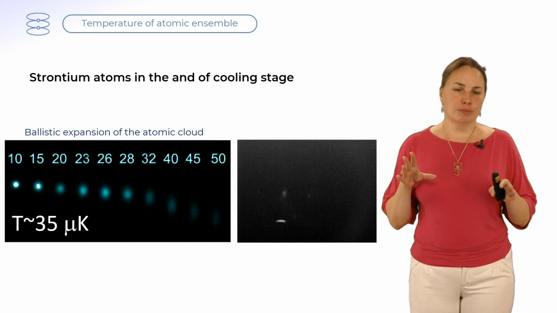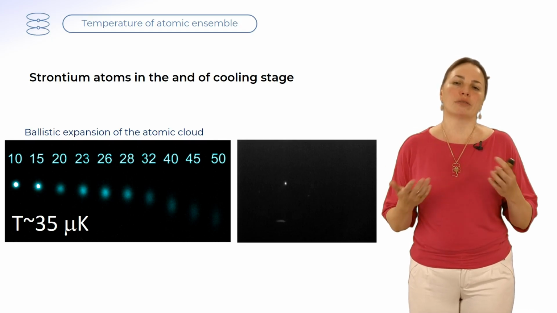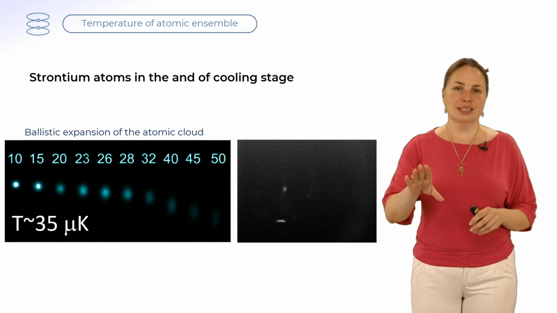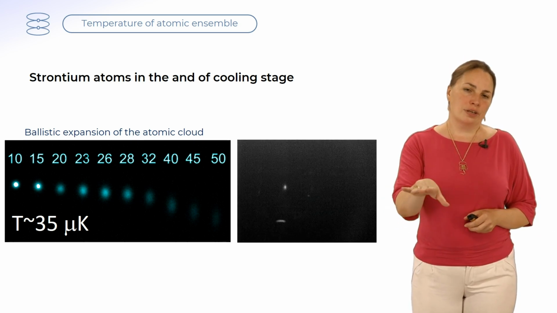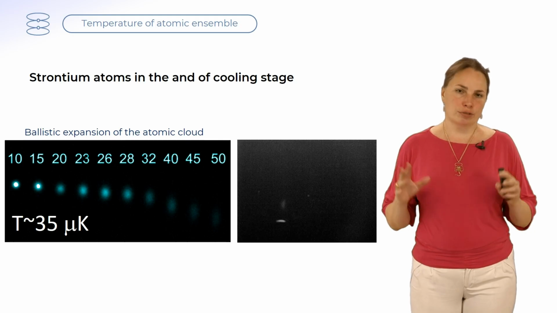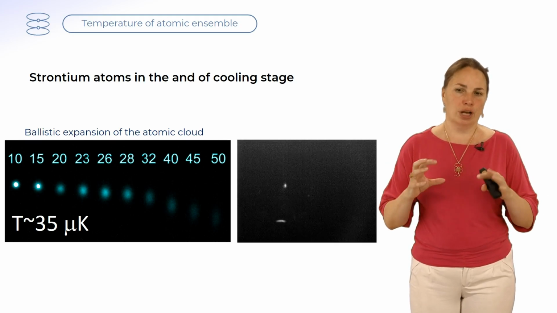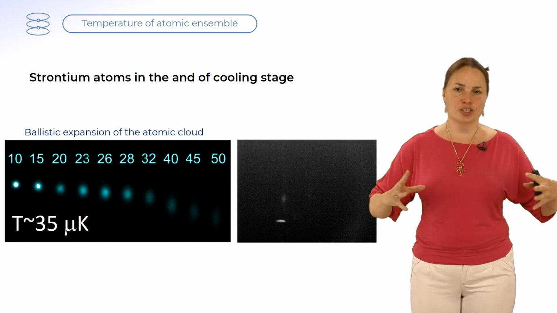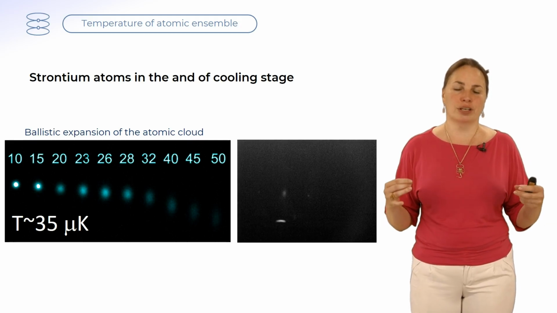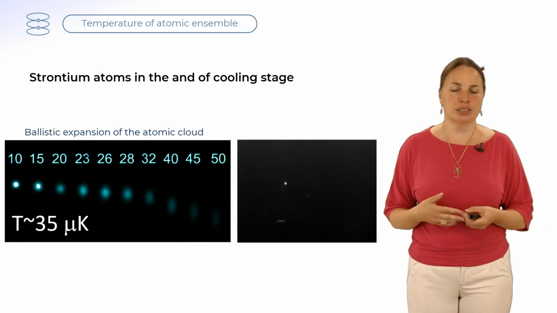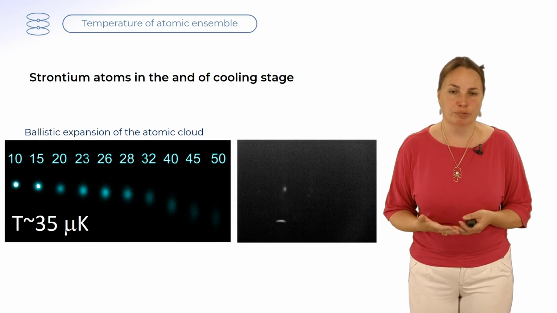To understand it, we just let the cloud fall down. This is a photo of the cloud, how it falls down and actually ballistically expands. The ballistic expansion gives us the result from which we can judge the temperature.